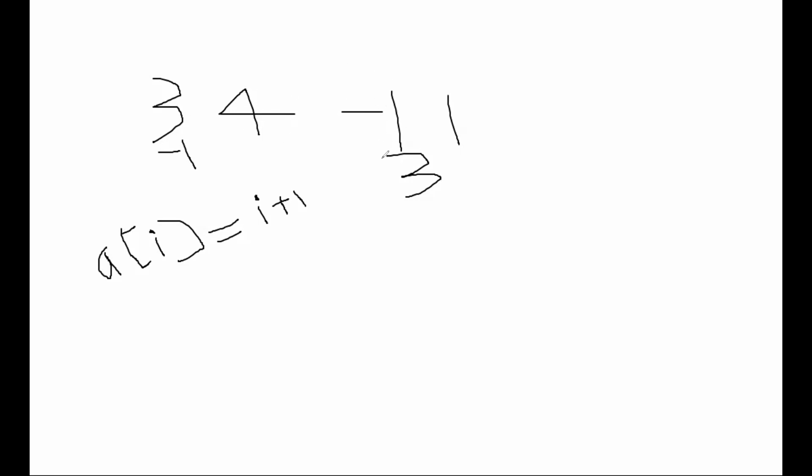This is also 3, and this value is equal to i plus 1, so I would retain the same. And 1, I would try to keep it at index 0, so I would swap that. So this will become minus 1.